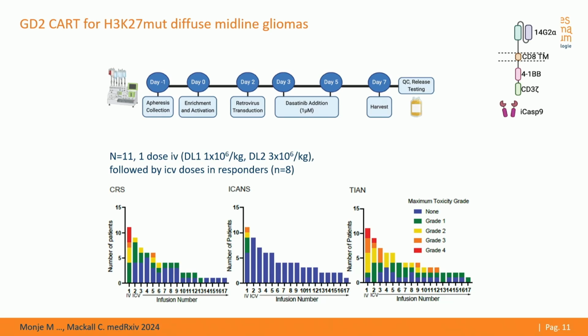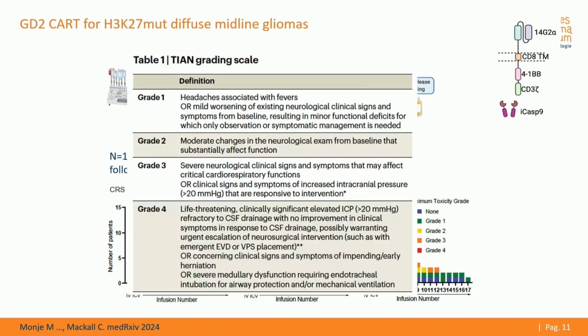And we knew from the ALL world, obviously, the CRS and the ICANS, acute neurotoxicity syndromes, we would maybe have expected in our population, but it wasn't really the case. It didn't fulfill the criteria, but we saw a kind of pseudo-progression or tumor inflammation, which causes a lot of problems.